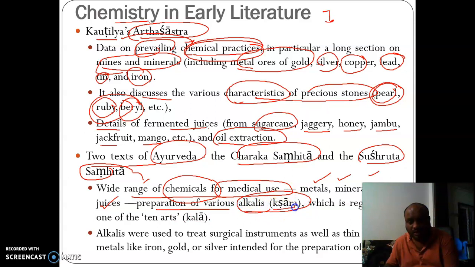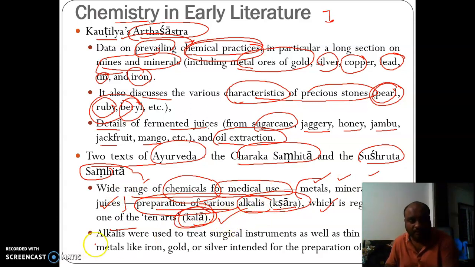We call it Sara, which is regarded as one of the 10 arts, that is Kala. Preparation of alkali with the use of metals, minerals, salts and juices is one of the 10 arts.